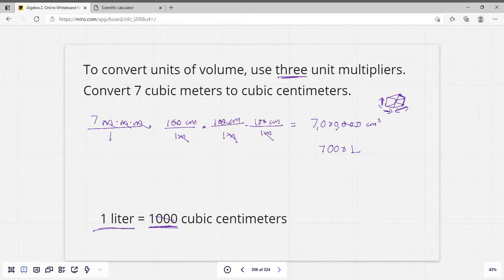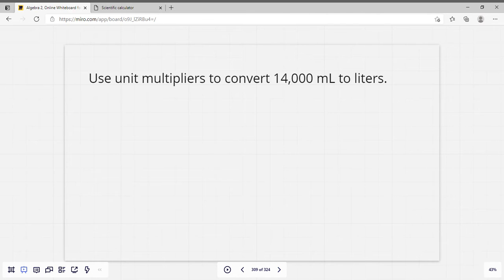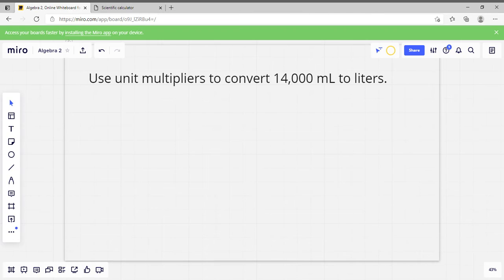Alright, so let's try an example problem. Use unit multipliers to convert 14,000 milliliters to liters. On this one we only need 1 unit multiplier. We can use either 1,000 milliliters equals 1 liter, or 1 liter equals 1,000 milliliters.